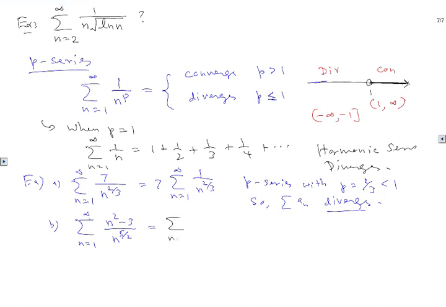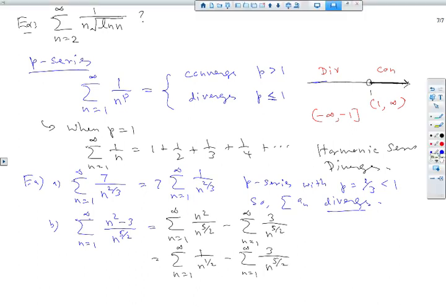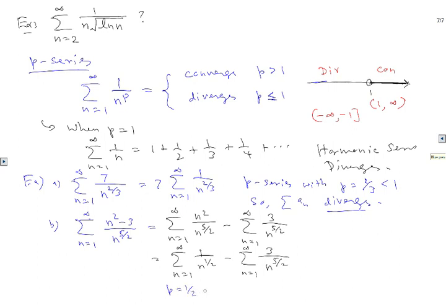Sigma of n squared over n to the 5/2 minus sigma of 3 over n to the 5/2. If you simplify, you get sigma of 1 over n to the 1/2 minus sigma of 3 over n to the 5/2. Here p equals 1/2, which is less than 1, so the series diverges.